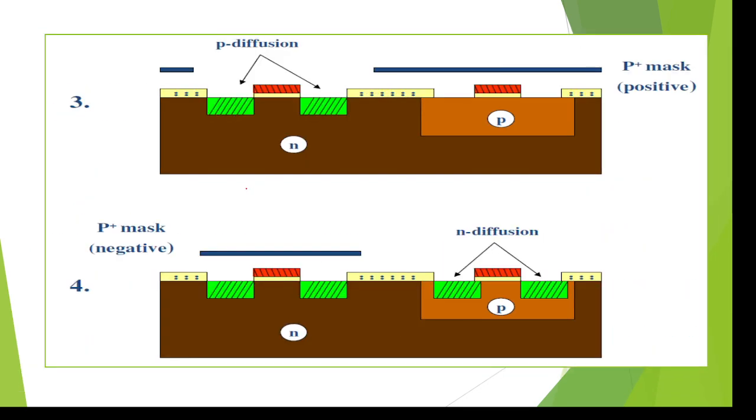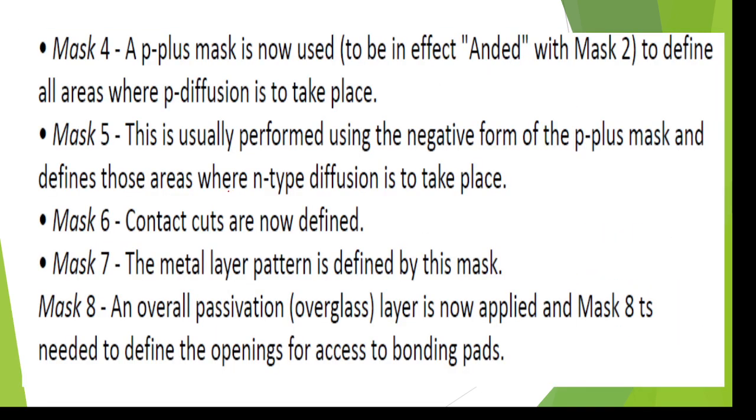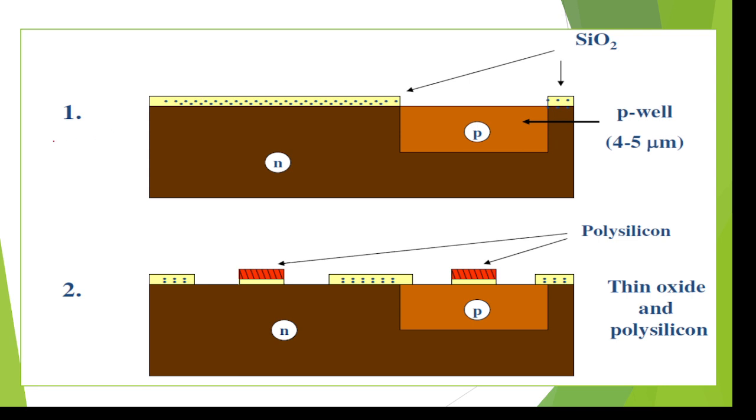In 4 or 5 steps we can explain the PWell fabrication process. In the first step, they have taken an N substrate, which has electrons, and oxidation is common.